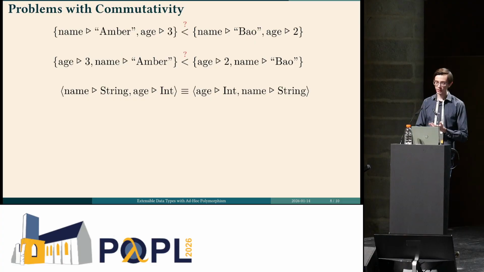But the issue with this in the context of type classes is that all of these 4 record terms that you see on the screen here can then be given a record type based on either of the 2 rows that are given here in this equivalence relation because of commutativity.